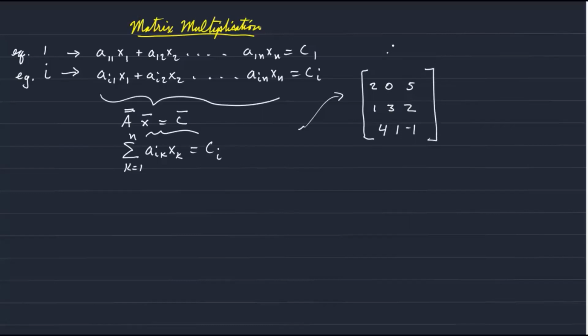So this is our A matrix, and we're multiplying it by vector x, and we'll just say it's 5, minus 2, and 1.